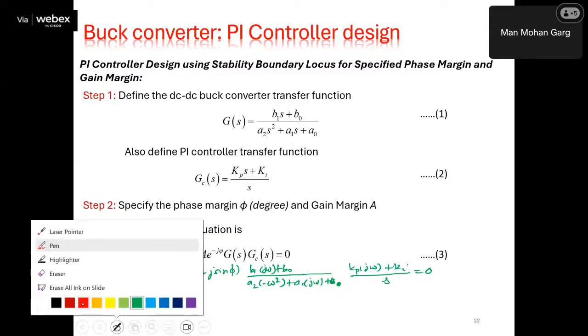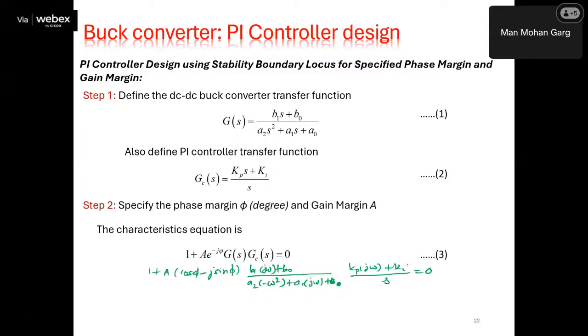Now we can simplify this equation, putting s equal to j omega only. After simplification, we can segregate it into two parts, one real part and another imaginary part, that will be equal to 0. Time is less, so I'm not going to do that calculation.